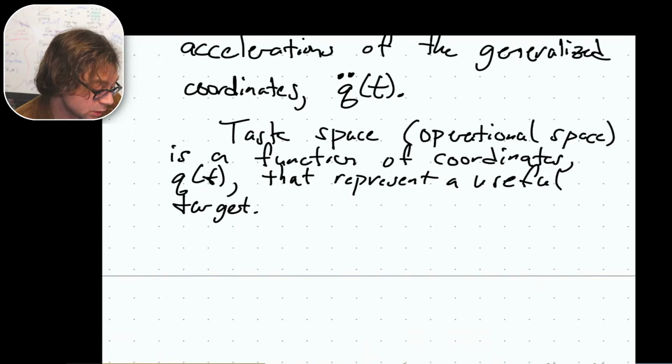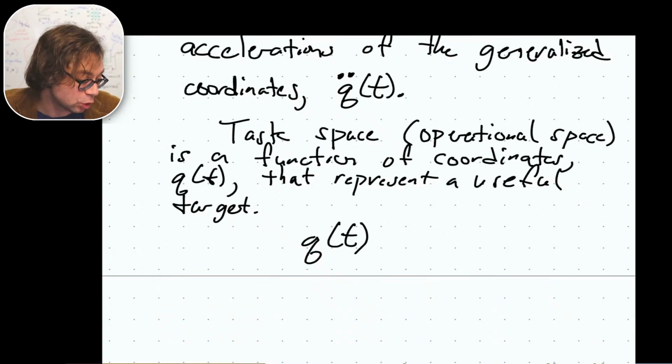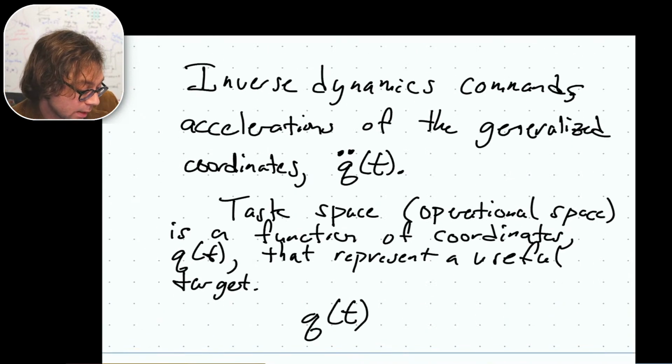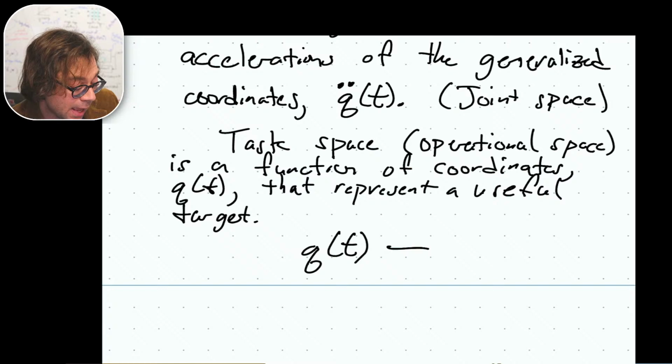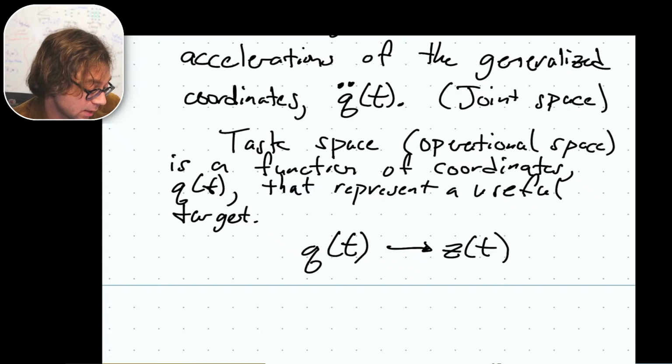The idea is you have some q of t. Those are the positions of your joints, what we sometimes call joint space. Then we have some mapping, just some function. You put q into some function, and out comes some task. Let's call it z of t. It's some task.